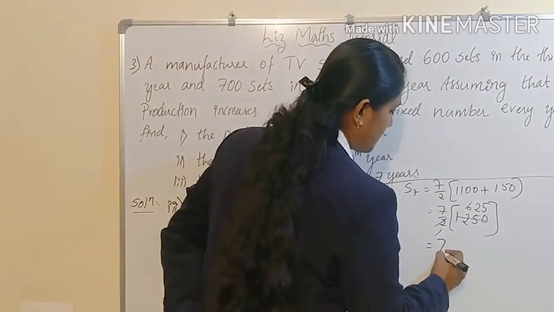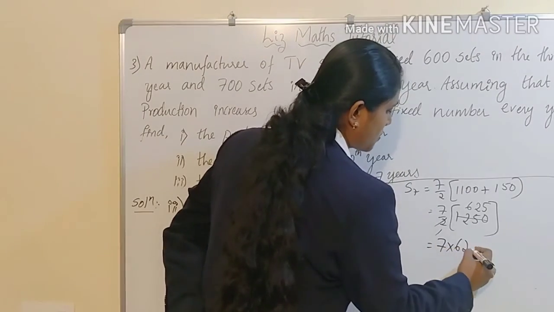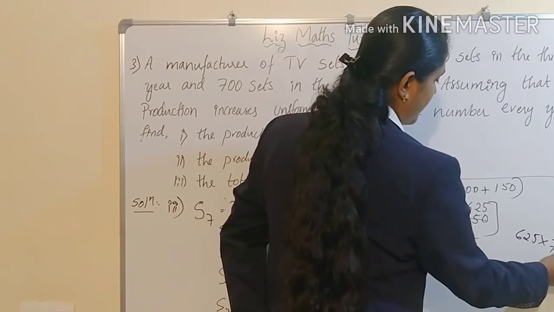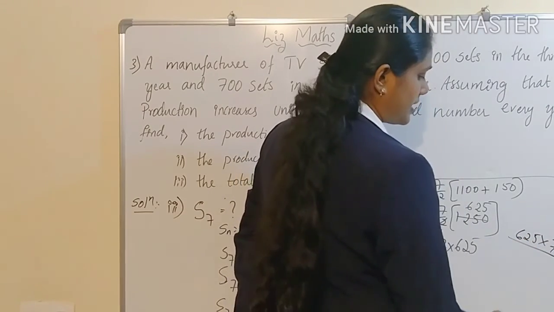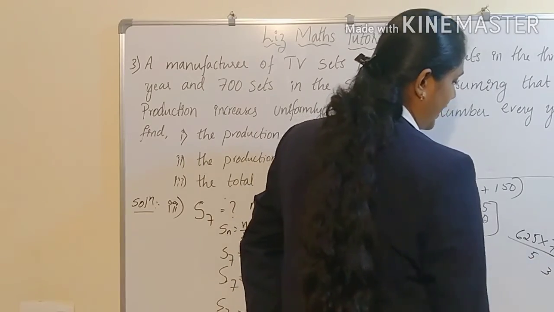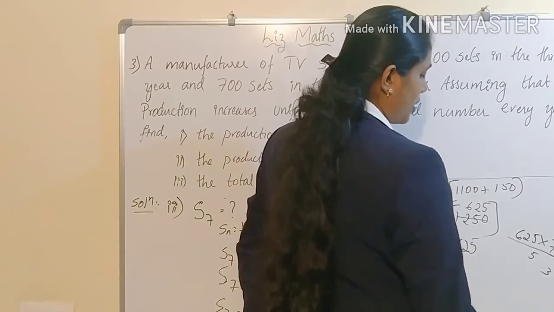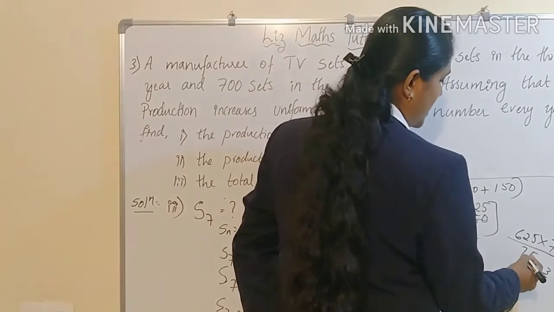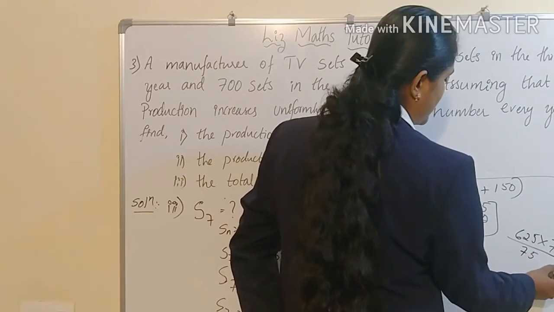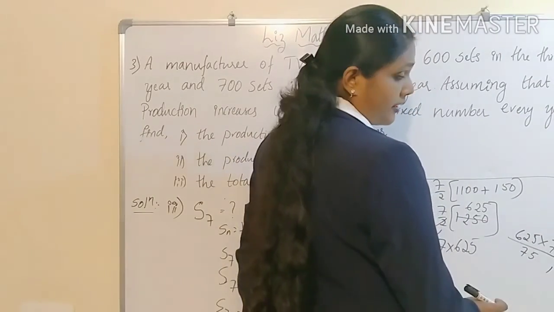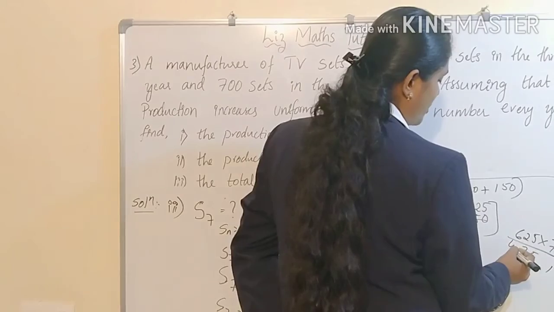Now we have to multiply 7 into 625. What will you get? 625 into 7. 7 5s are 35, 3 in your hand. 7 2s are 14, 14 plus 3 you will get 17, 1 in your hand, isn't it? So 7 6s are 42 plus 1 is 43.